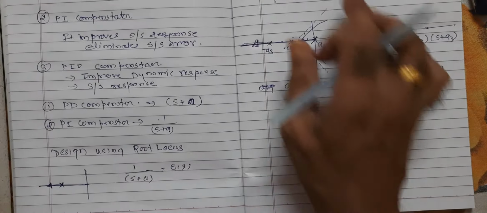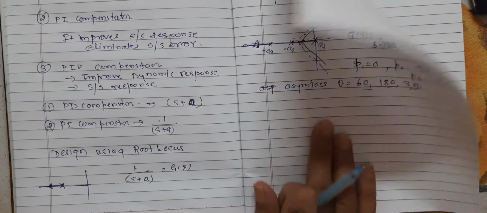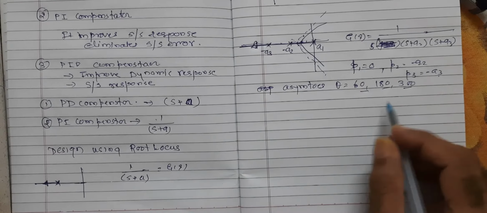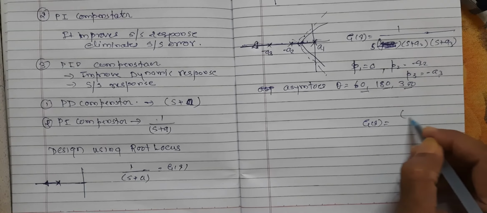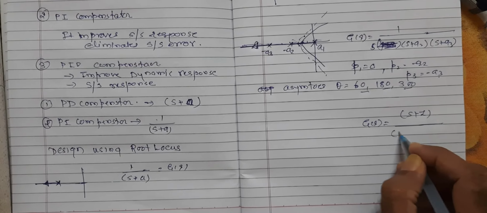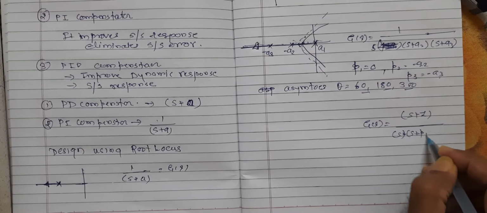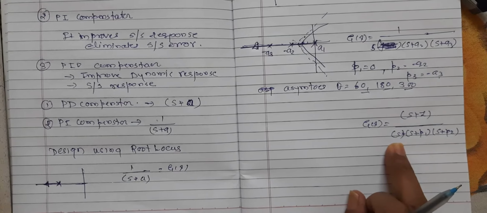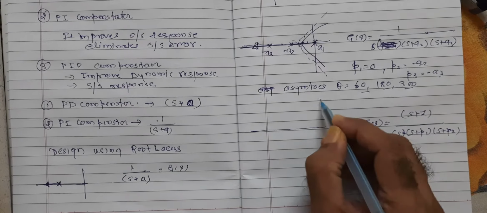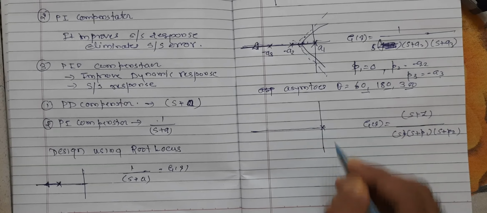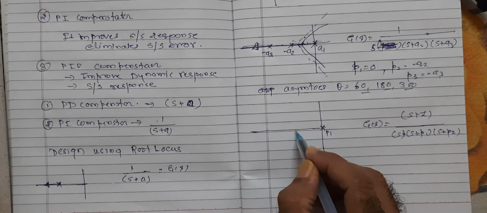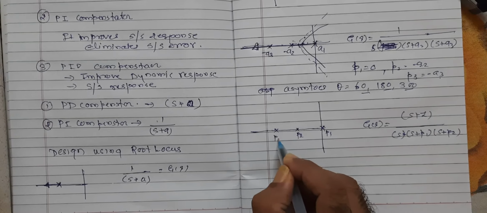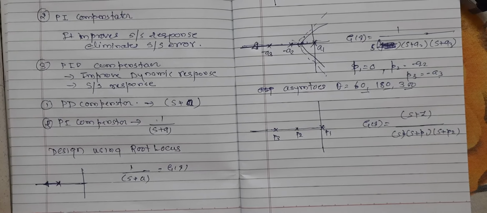Okay. Now see here, if we consider this 3 pole system, and we add 1 zero into the system, my G(s) is equal to (s + z) divided by s(s + P1)(s + P2). So here I assume this is my first pole, P1, here it is P2, and here it is P3.